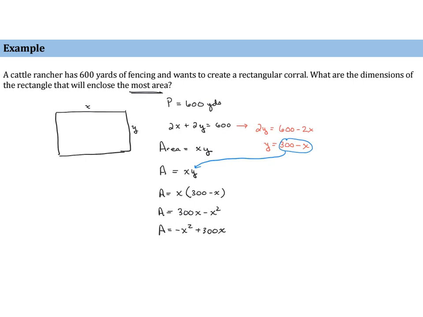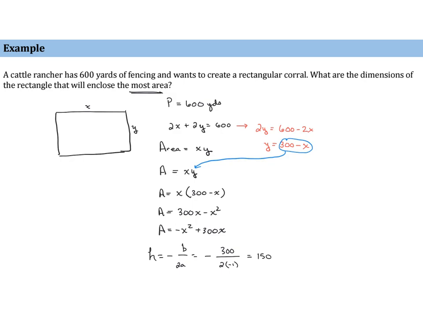To maximize this, notice this is quadratic. Its graph will be a parabola. It opens downward. Therefore, the vertex will sit at the top of our parabola. And so we just need to find our vertex. So h will equal negative b over 2a. That will be negative 300 over 2 times negative 1, which is going to be 150. So that is the x value of our vertex.